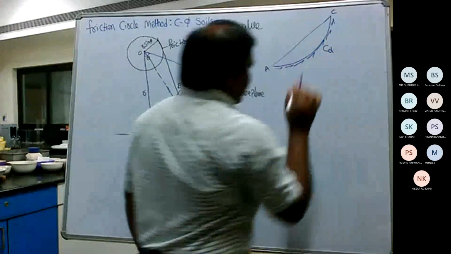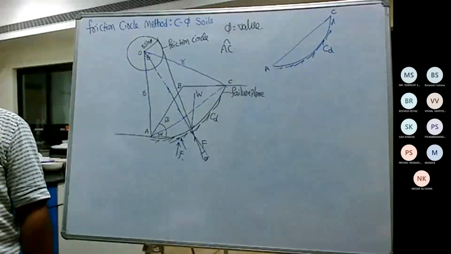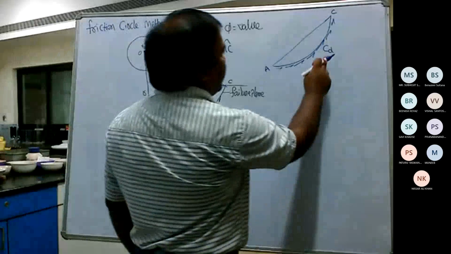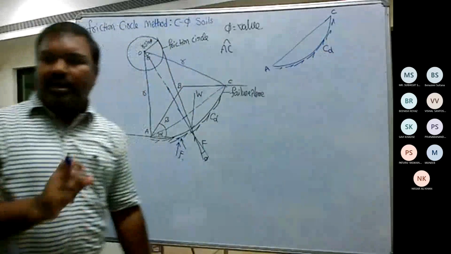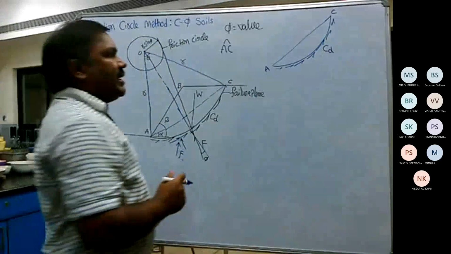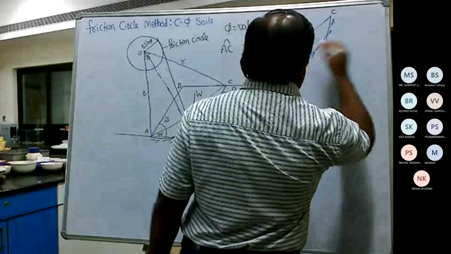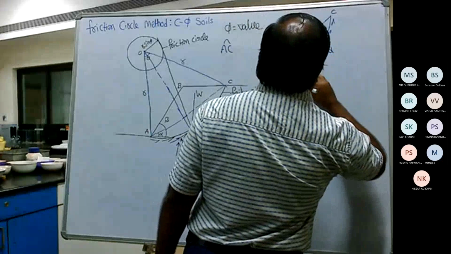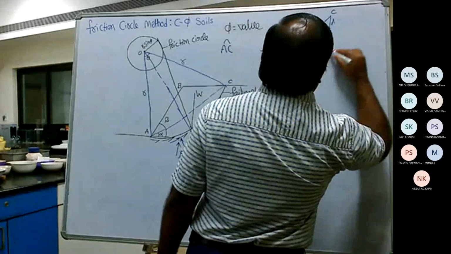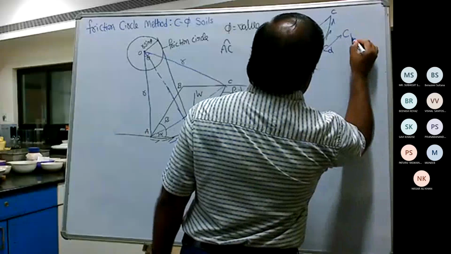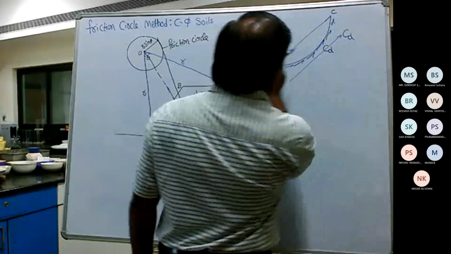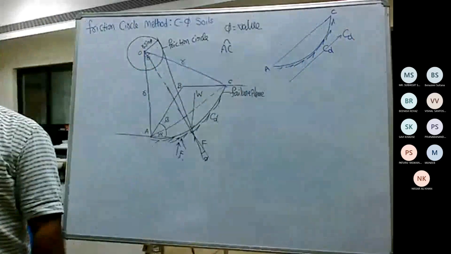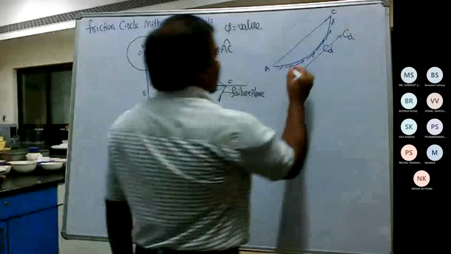Now another important thing is that the resultant of all unit cohesion, that is capital C, is parallel to line AC, which is called a chord.